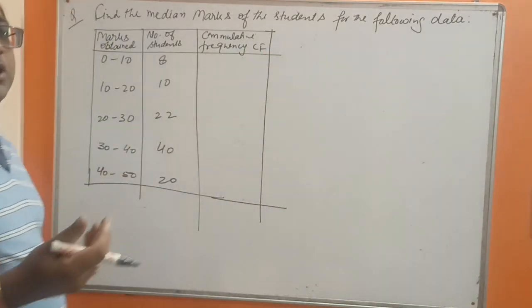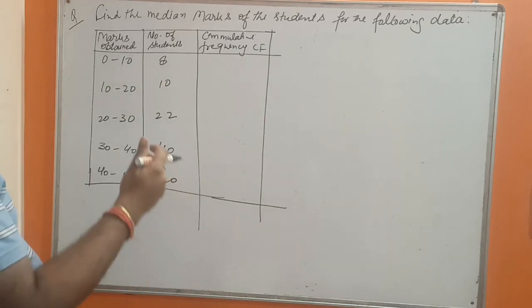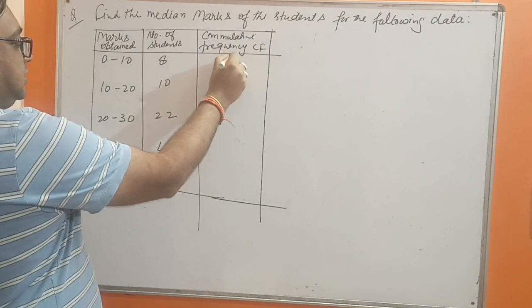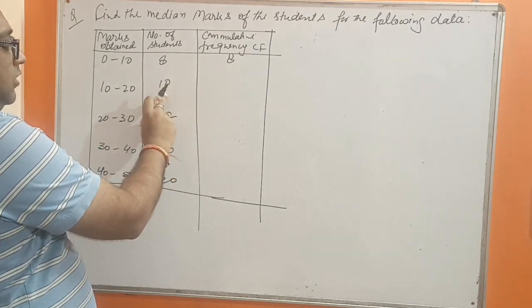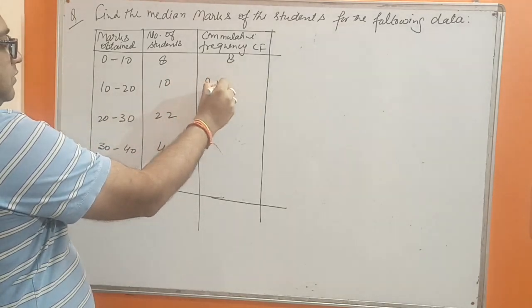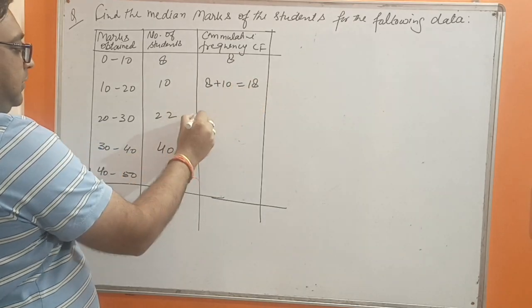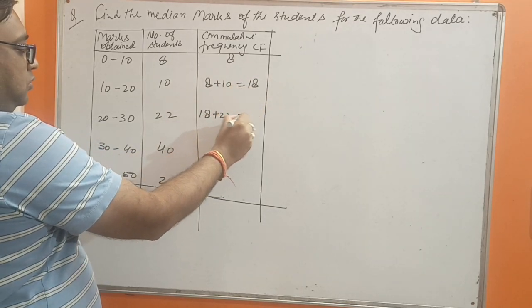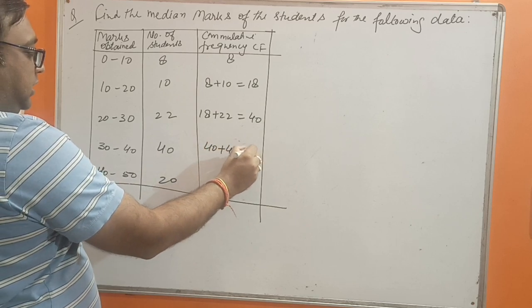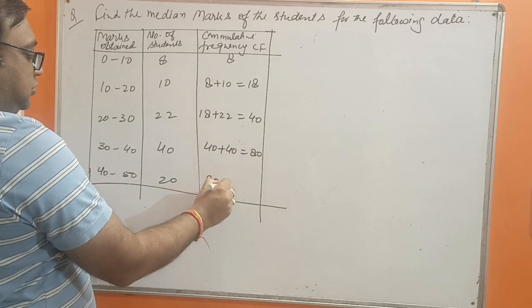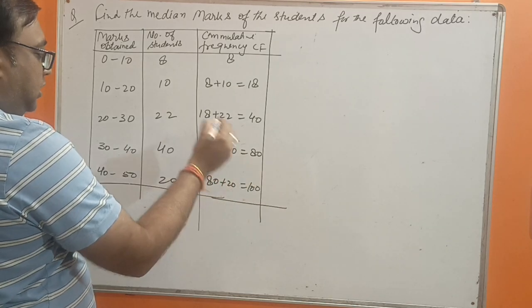The starting value is the same, and the next is obtained by adding the succeeding frequency to the previous one: 8 plus 10 is 18, 18 plus 22 is 40, 40 plus 40 is 80, and 80 plus 20 is 100.